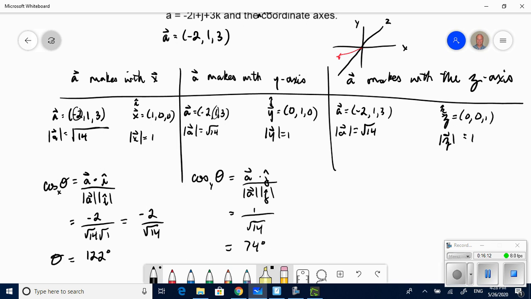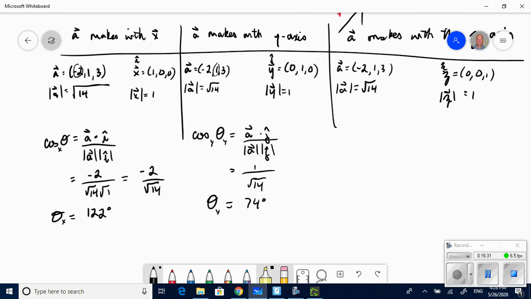I should carefully write this with some subscripts here, because I can't really use just theta. Theta with the x-axis can be represented this way, or similarly, I could use 3 different Greek notations for this. Either way, I'm going to do it like this. Continuing, the next one will be theta z.